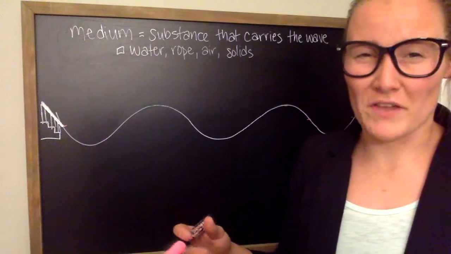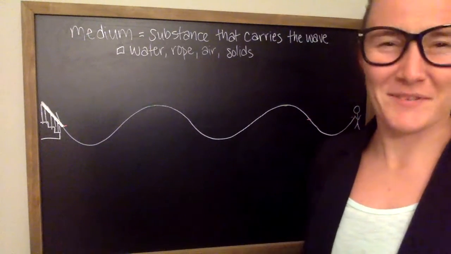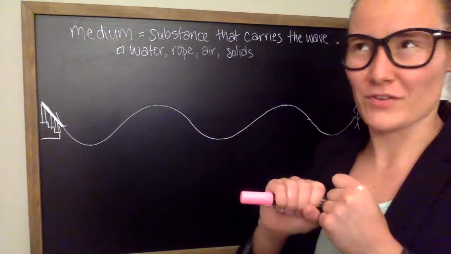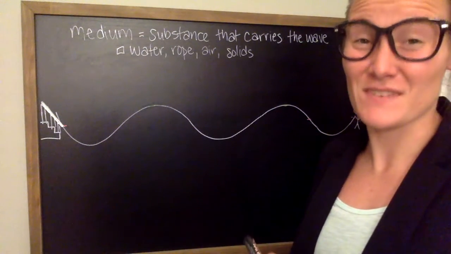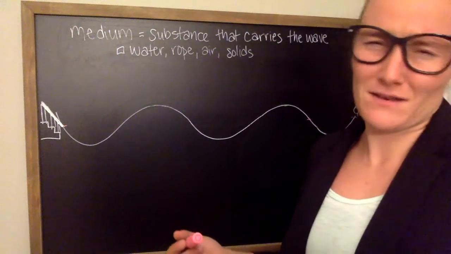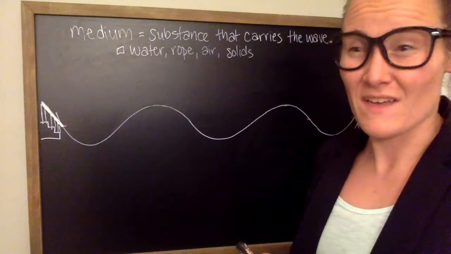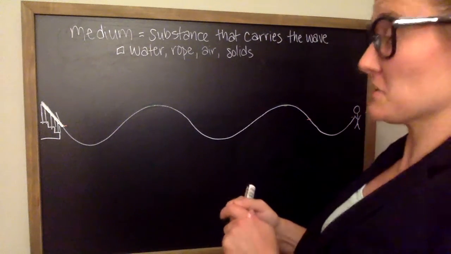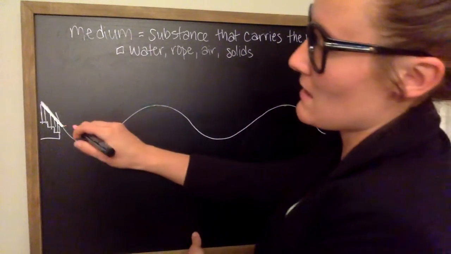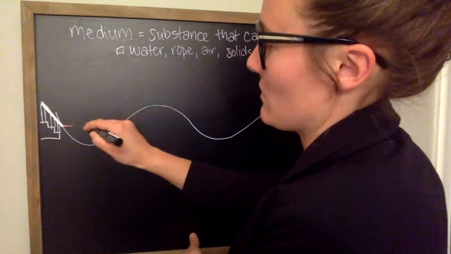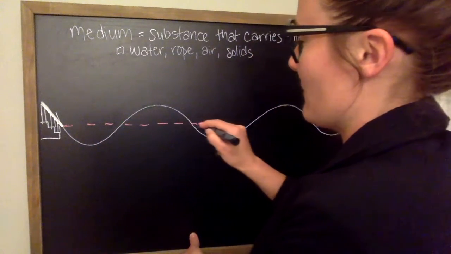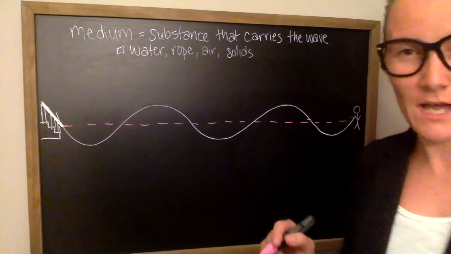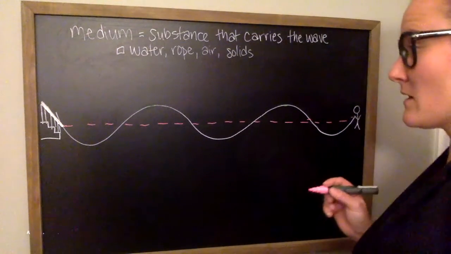Before you got rolling with your oscillating up and down motion, chances are your rope or your extension cord or whatever you were using was kind of laying flat. It was laying horizontal, and there wasn't a whole lot of energy in it because you weren't putting energy into it yet. I want you to take your pencil or your markers or whatever you're drawing with and make yourself a horizontal line across your wave.